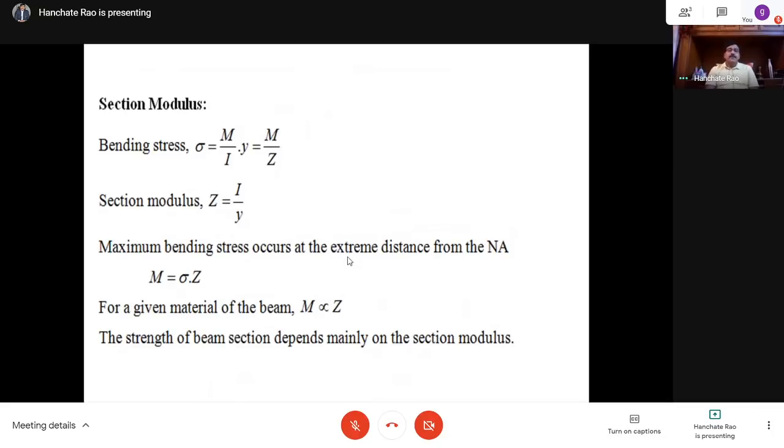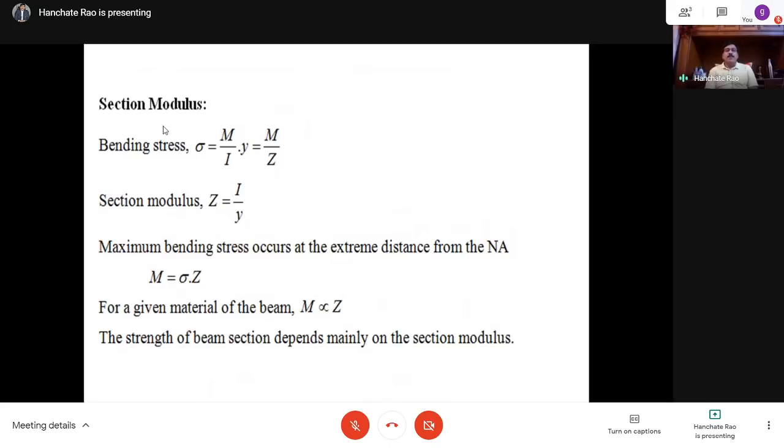Now, certain important definitions: we will define what is called the section modulus. With reference to simple bending theory, we define the section modulus. Section modulus is a property of the section.